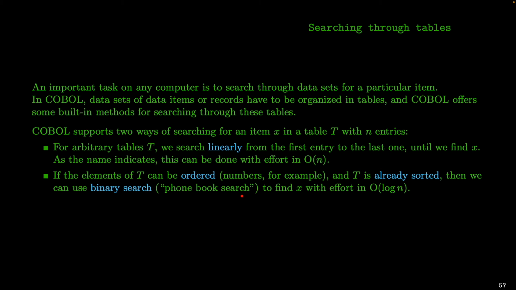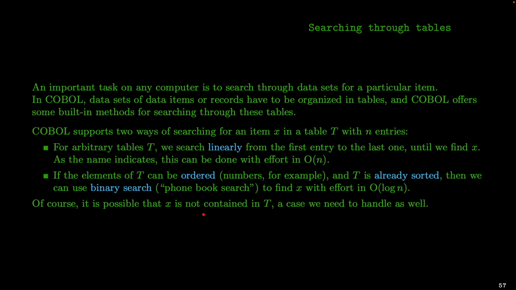So you open the book in the middle, and then you see whether the name you're looking for is on the left or the right, and then you just continue in that half that you know the value you're looking for has to be in. So in every step you halve the size of the data you have to search through, and in doing so you can find the element X you're looking for with logarithmic computational effort, O of log n. But of course this only works if your table is sorted to begin with.